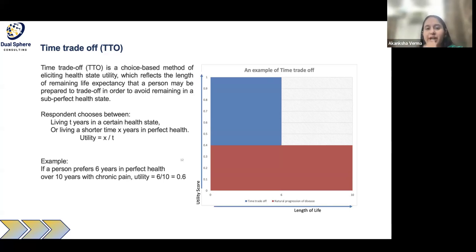So the patient is trading off the additional years he might live with a health condition to live in a perfect state of health. This is the time trade-off method, and it is very commonly used for valuation when you are calculating country-specific utility values. Next slide, please, Rita.